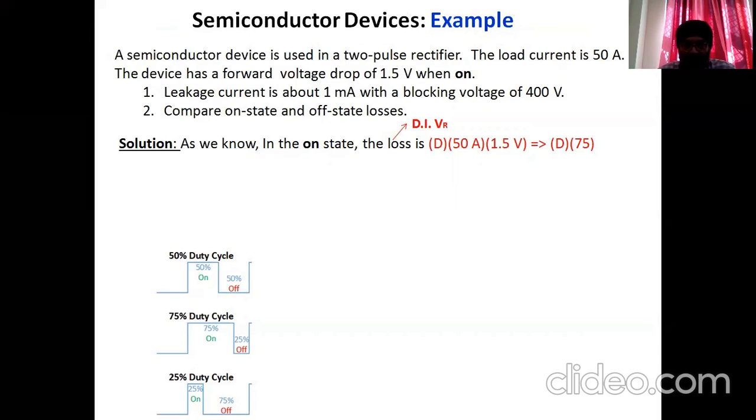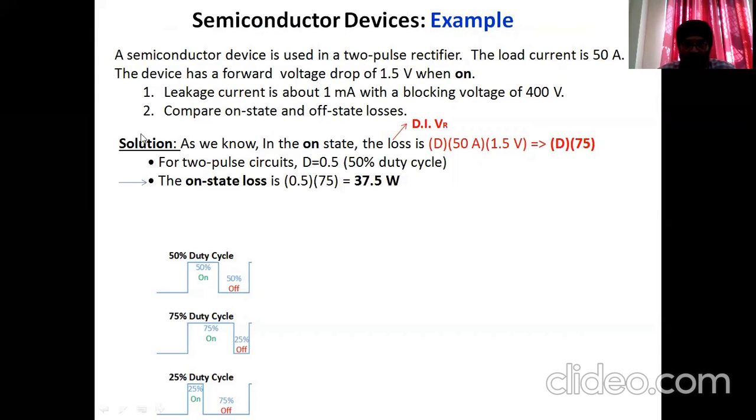So this is an example over here. This is a 2-pulse rectifier. The load current is 50 amperes. The device has a forward voltage drop of 1.5 volts when on. Leakage current is about 1 milliampere during blocking voltage, during reverse bias, in off state.